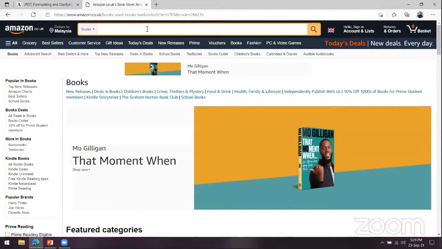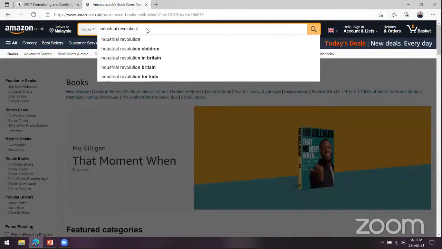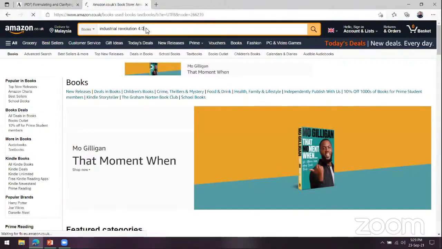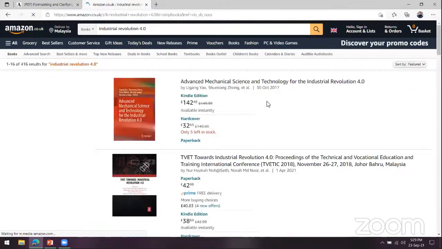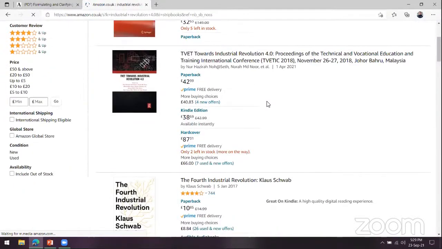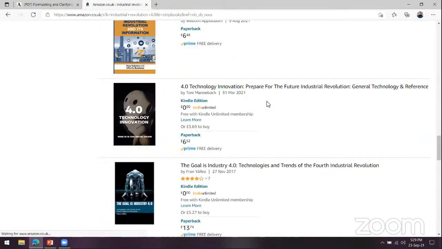Let's look at the topic of Industrial Revolution 4.0, okay? So after that, let's find the book. If you're able to get the book in the library, you also can always get it through the library.